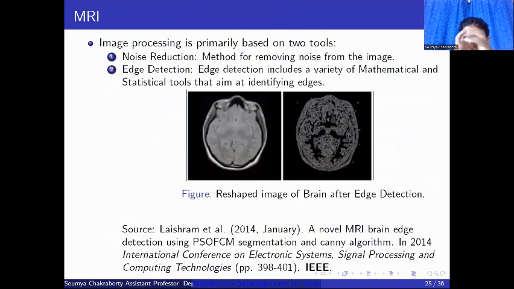Actually, these image processing tools are primarily focused on two tasks: noise reduction, a method of removing noise from an image that may have been taken with some noise, that is hazy, and edge detection, to make it more clear. This is one example of an image processing tool, where this is a brain image, and this is the reconstructed image after noise reduction followed by edge detection.